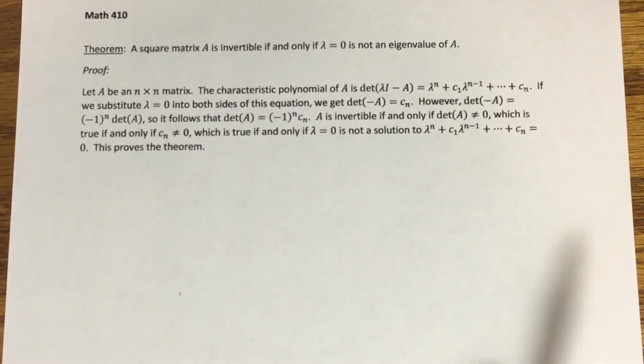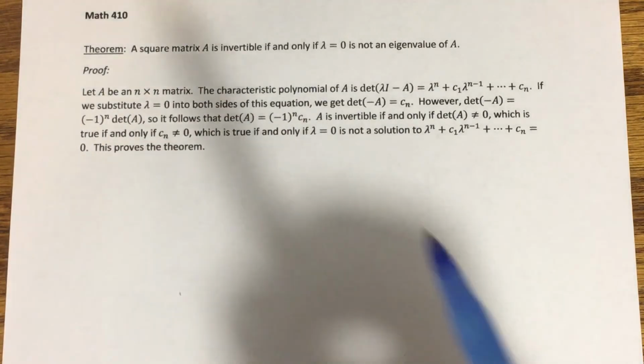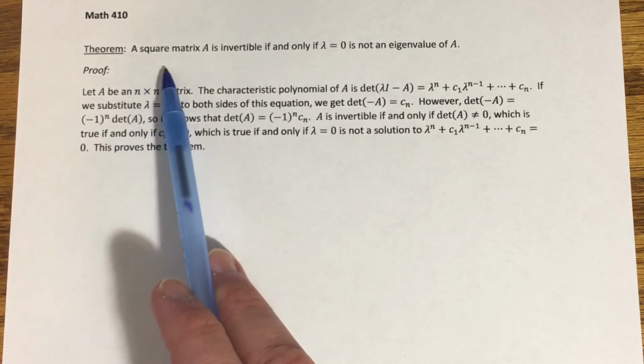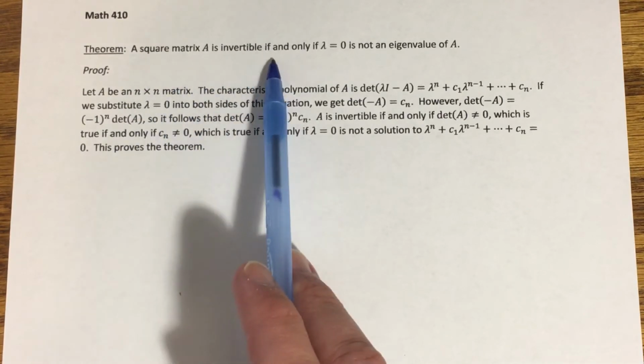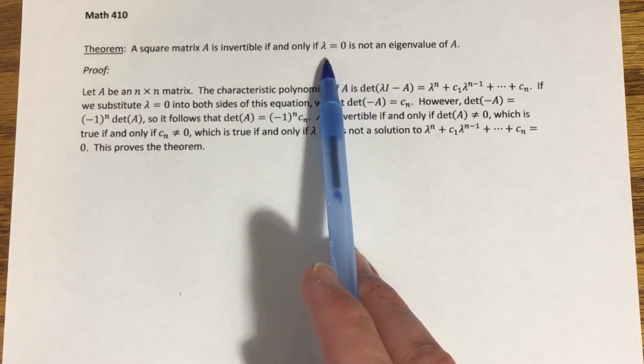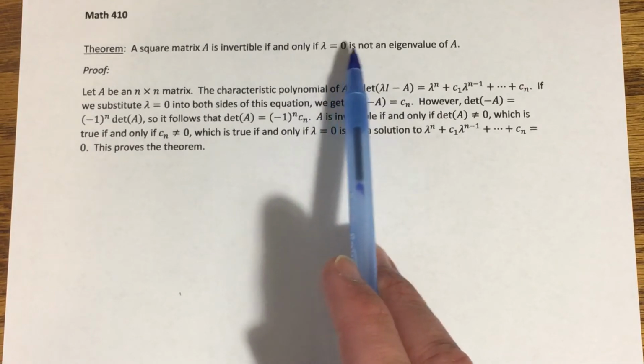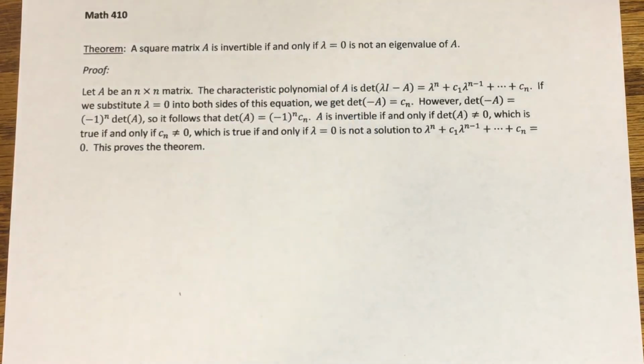Okay. One last thing I want to talk about in this section is a really important theorem, illustrating one of the useful aspects of knowing the eigenvalues for a matrix. So the theorem says that a square matrix A is invertible if and only if 0 is not one of its eigenvalues.